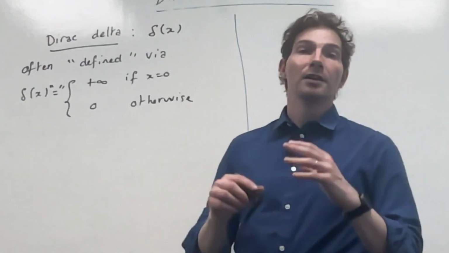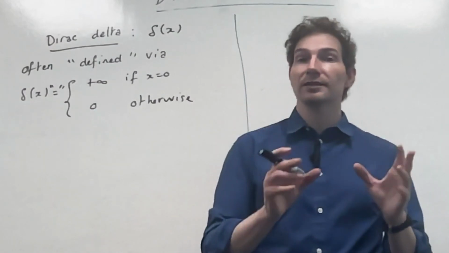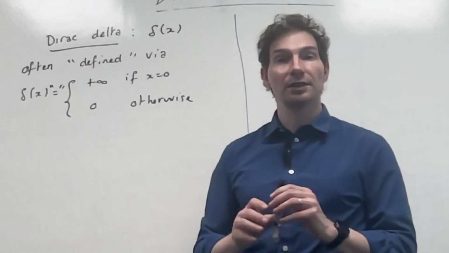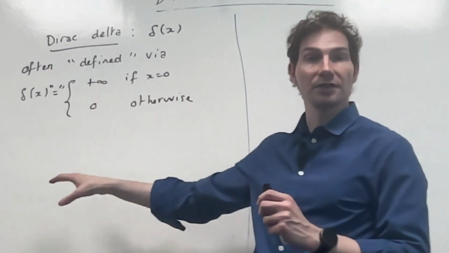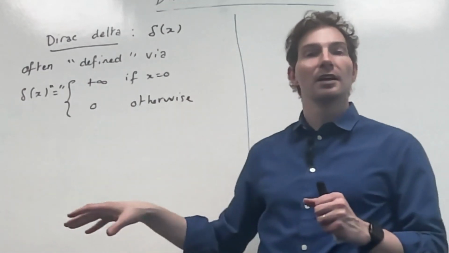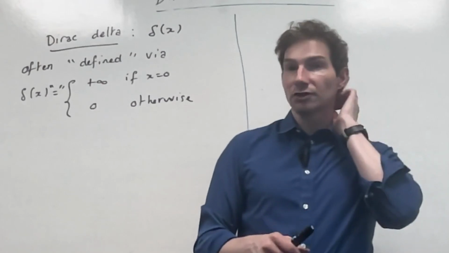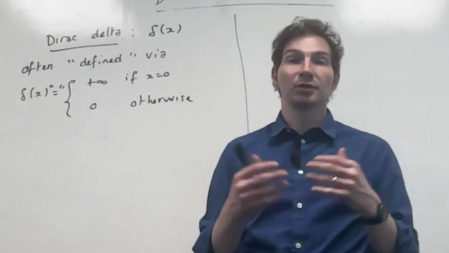Now the thing is, when we see a definition like this, does that represent an actual function? What we can notice is that if we remove the x equals 0 part and assume that this thing is defined, let's say, on the reals, then the function would be completely trivial, or completely boring, if you imagine plotting it.